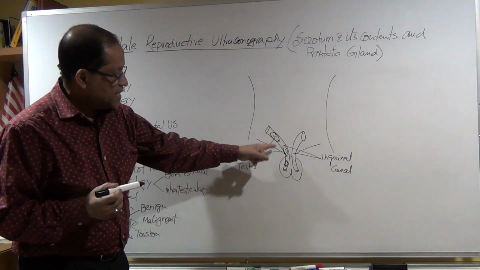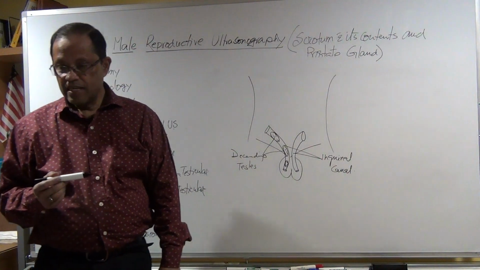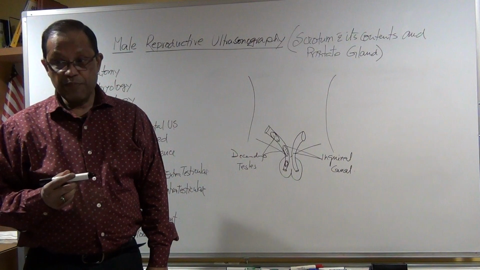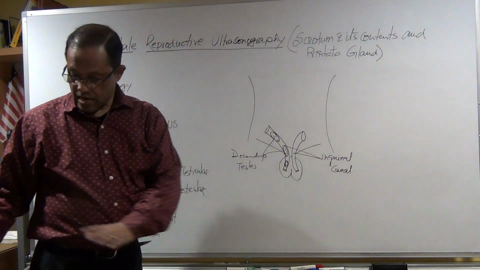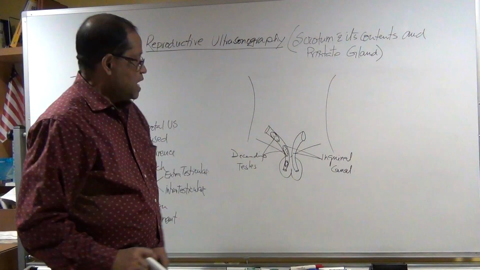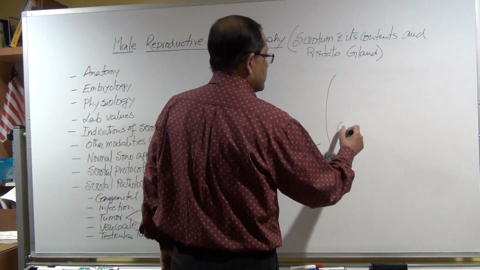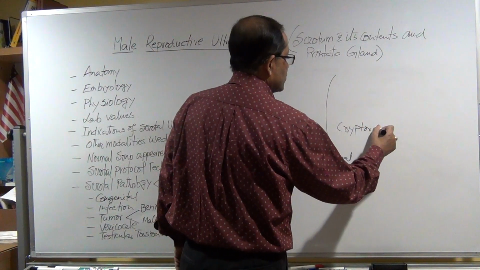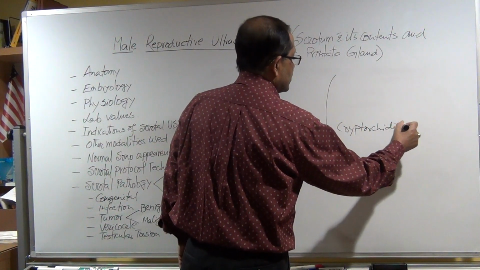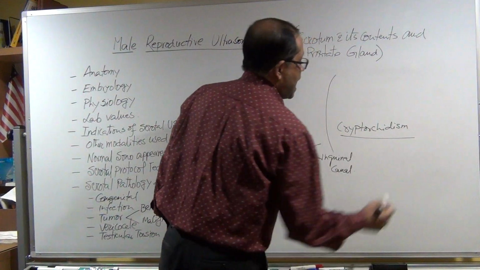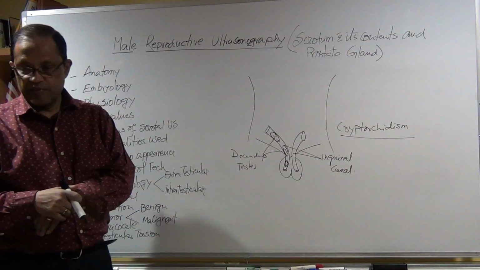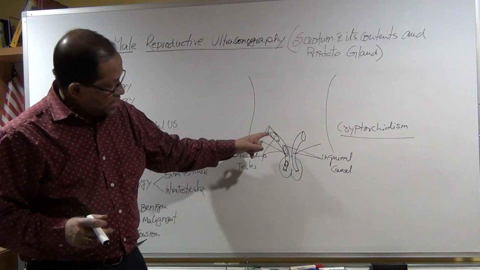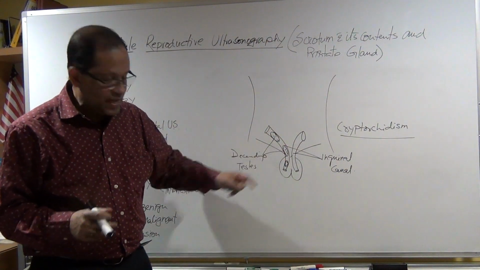And this undescended testis is known as cryptorchidism. Cryptorchidism, I'm going to give you my note. Cryptorchidism means undescended testicles, either in the pelvic cavity or in the inguinal canal.